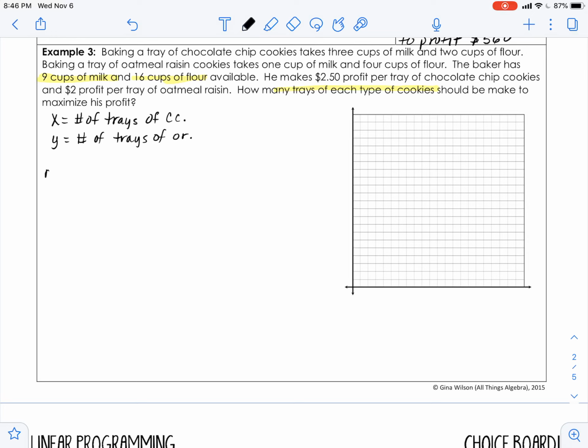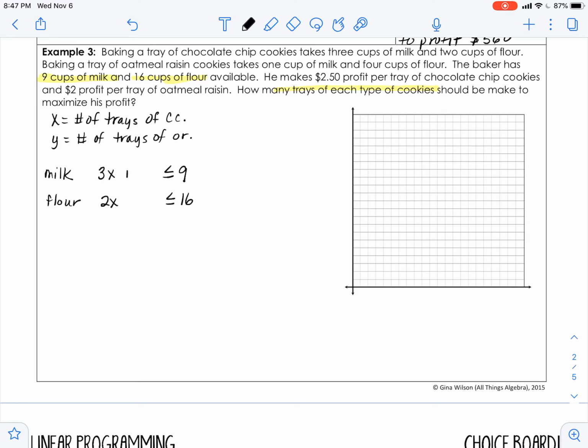So what that is telling me is I'm looking at milk and I'm looking at flour, because I know I have to use less than or equal to 9 cups for milk and less than or equal to 16 cups for flour. And then I know that chocolate chips take 3 cups of milk, so 3 cups of milk for each chocolate chip, and 2 cups of flour for each chocolate chip.